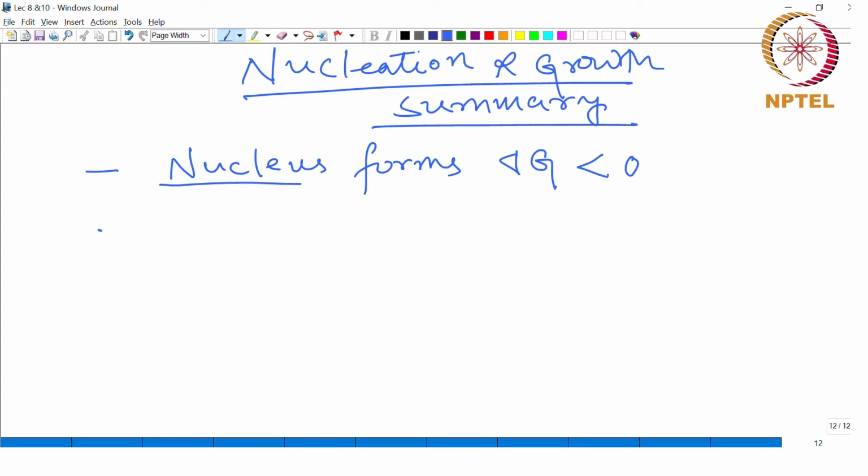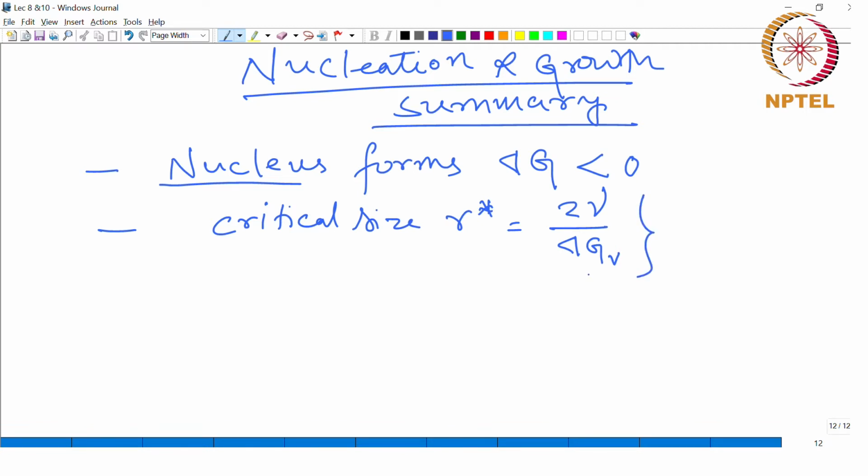And for the nucleus to grow, it has to attain a critical size which is given by this, okay, where gamma is the surface energy and delta GV is the volume free energy change.